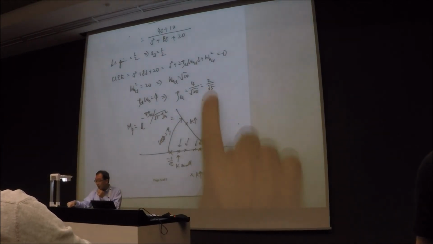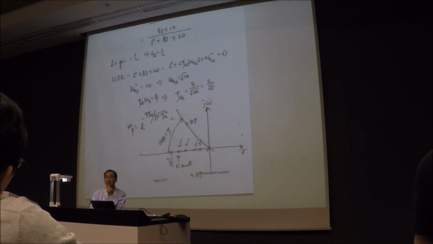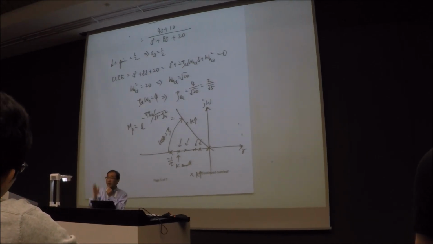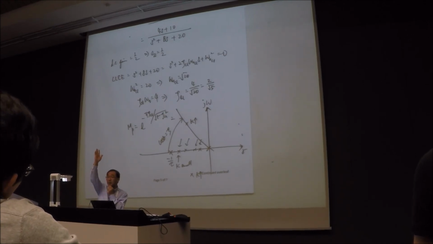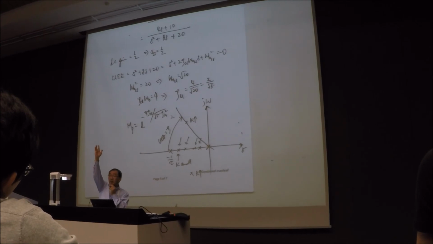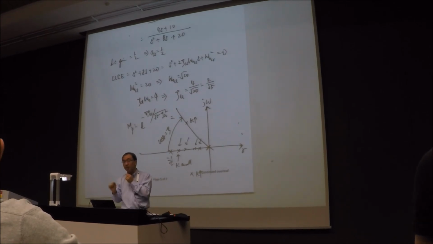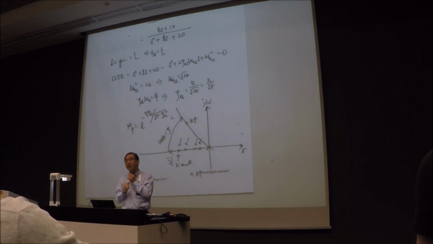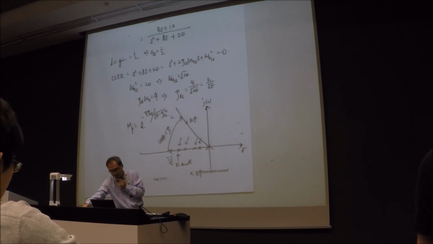When you go to the j omega axis, because it is 90 degrees, cosine 90 degrees is equal to 0. So on the j omega axis, damping is equal to 0. That is why we say that when you have a pair of complex conjugate poles on the j omega axis, your system has no damping. Remember that? We mentioned that before.